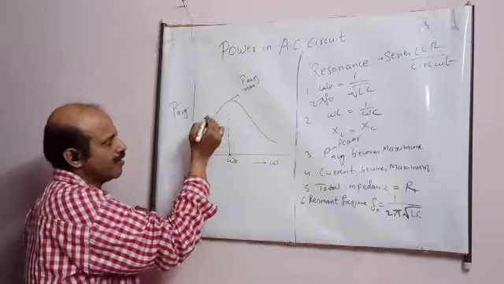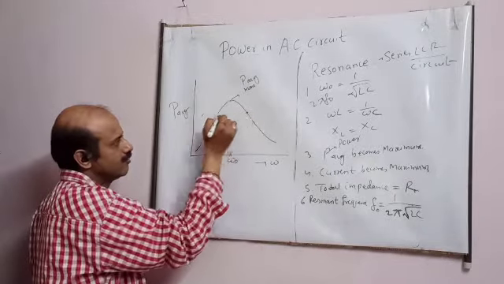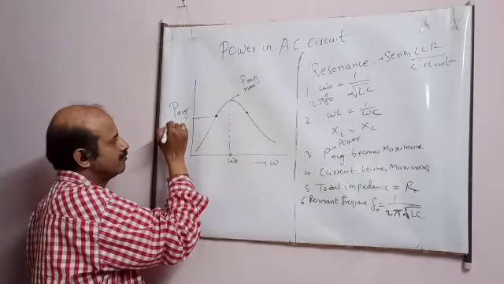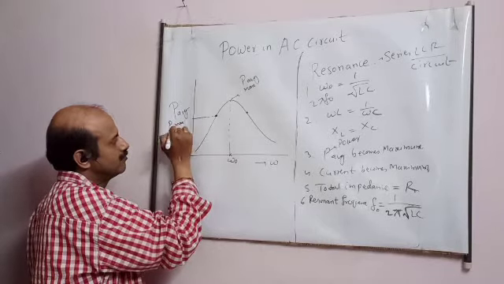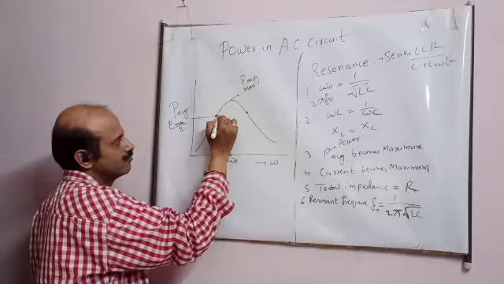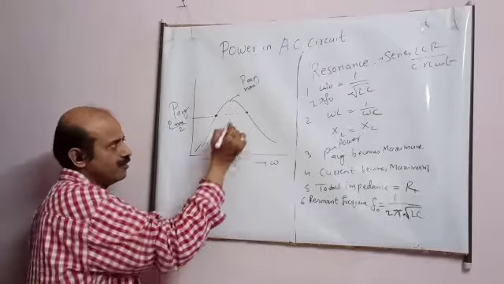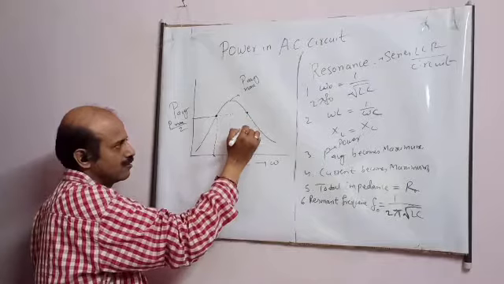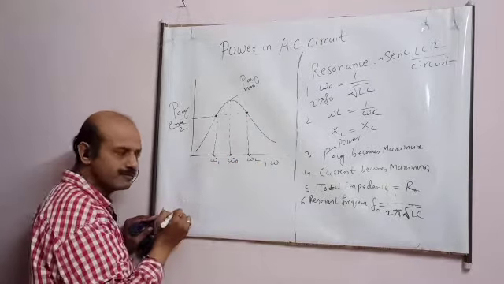Now I will take 2 points here. This is the point where the power is half of the maximum. This happens at 2 frequencies. This is omega 2, this is omega 1.